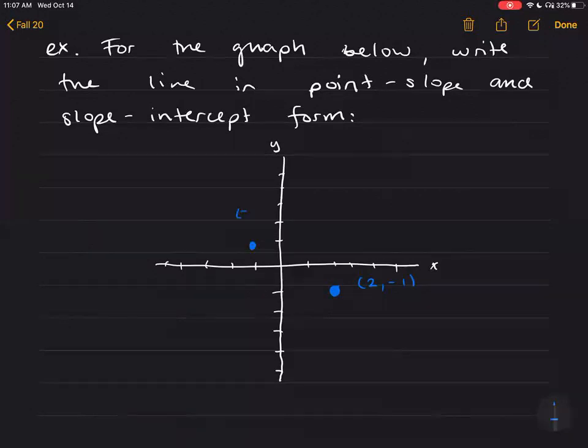And so that line looks something like this. All right, so I want to do point-slope and slope-intercept form.